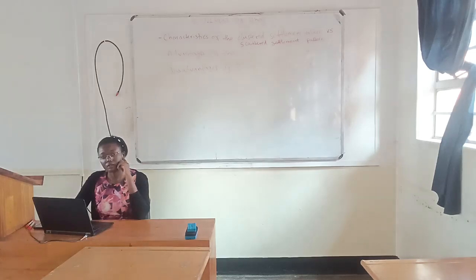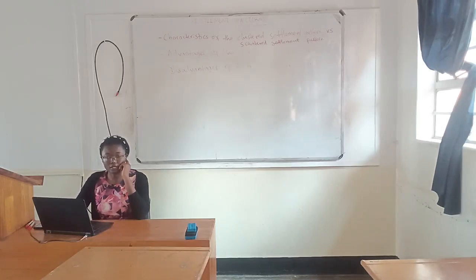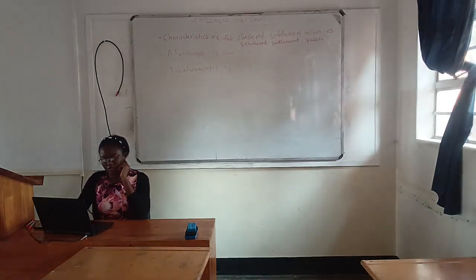If you're in a scattered settlement pattern, you're most likely going to be doing things as a unit, as a family, and it would be even harder for you to combine resources with the rest of the community. While a clustered settlement pattern would have it much easier for them to come together in terms of solidarity.